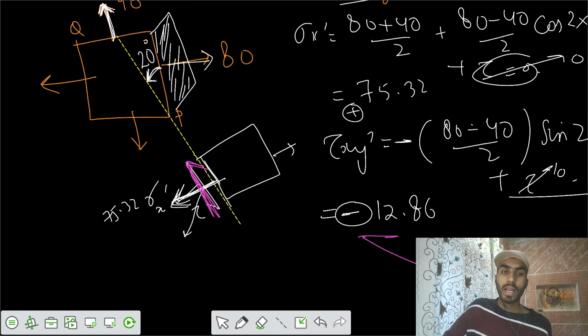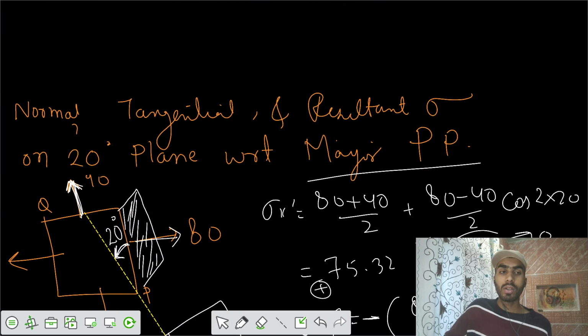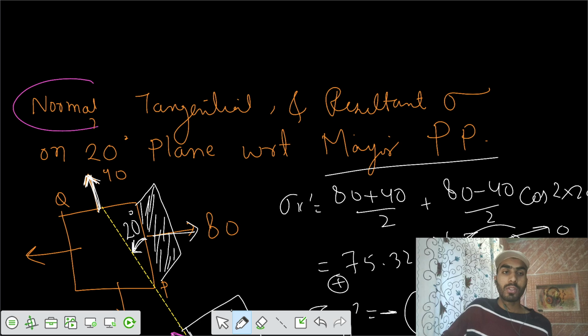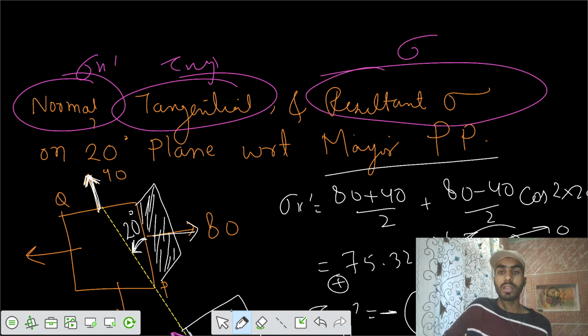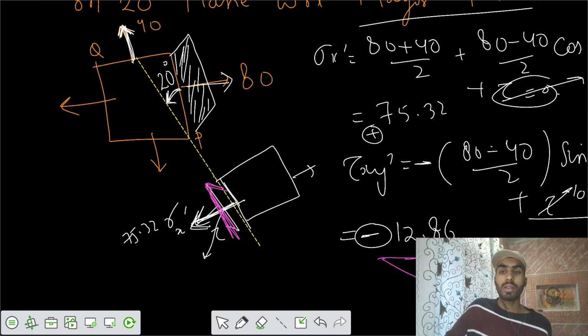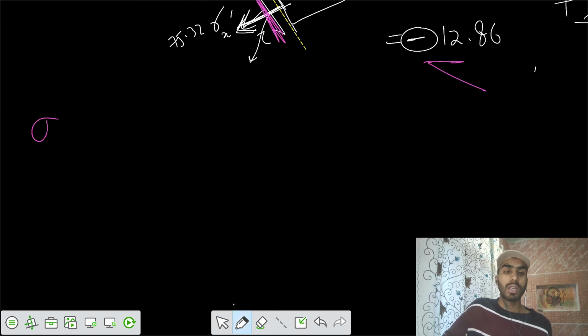So now we got the two values, the normal stress sigma x dash and the tangential stress tau xy dash, and you need to get the resultant stress on that particular plane. So the resultant stress equals the square root of tau xy dash square plus sigma x dash square.